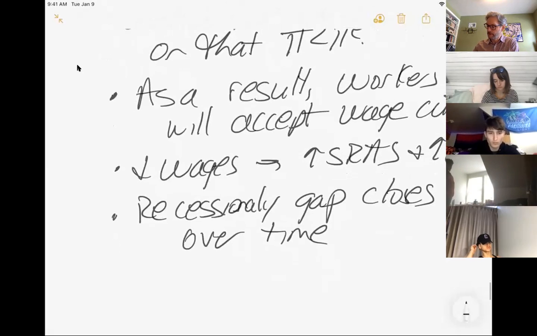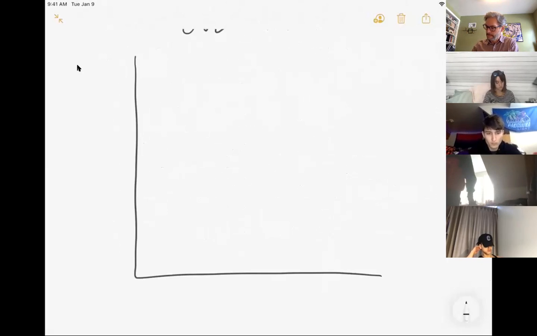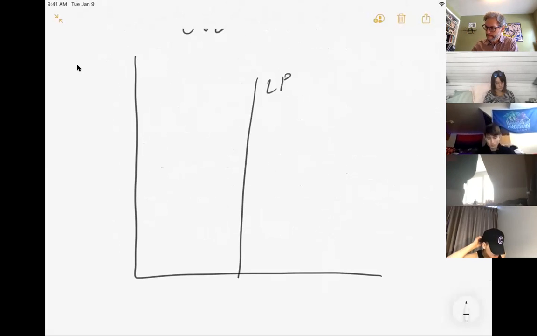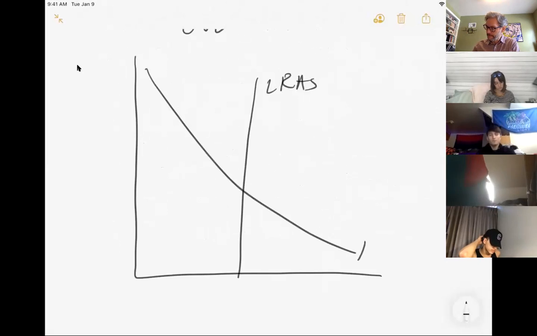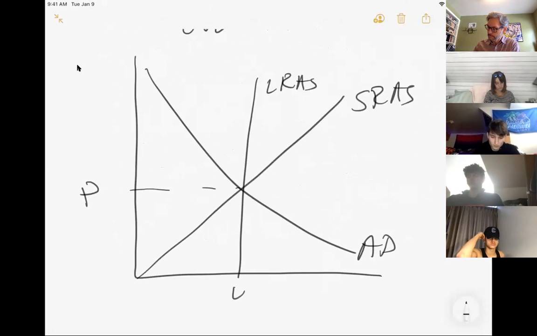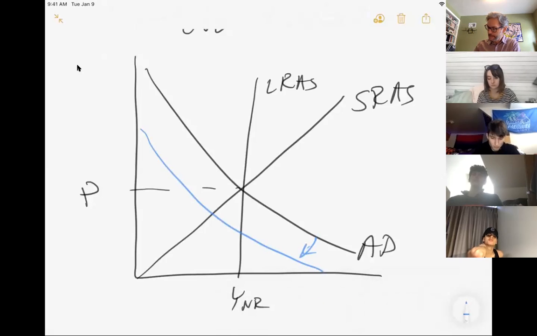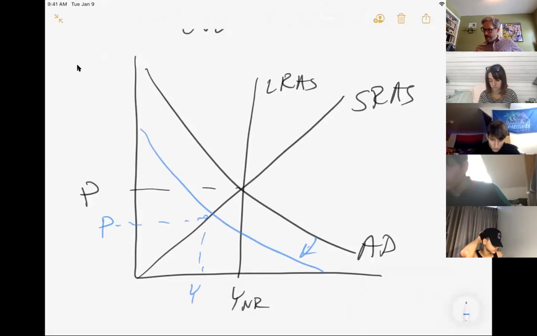Okay, so let me draw a graph here of what's going on. I'm going to recreate that graph I drew a couple minutes ago, where we have this fallen aggregate demand. So output fell, the price level fell.